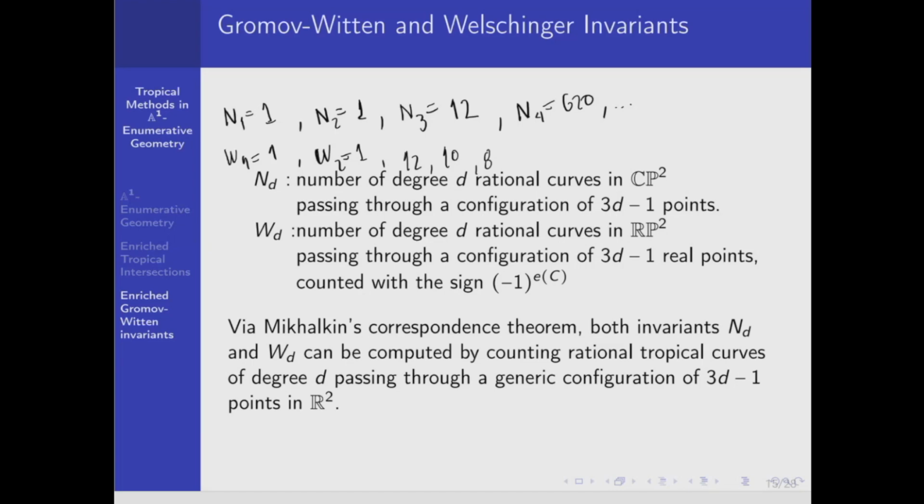And then what happens, at least for the cubics, is that there will be curves that have these kinds of nodes where x squared minus y squared is 0 locally. Or we can have these kinds of nodes, sorry, where x squared plus y squared is 0 locally. And when we get 12 curves, we get 10 of one type and 2 of the other type.